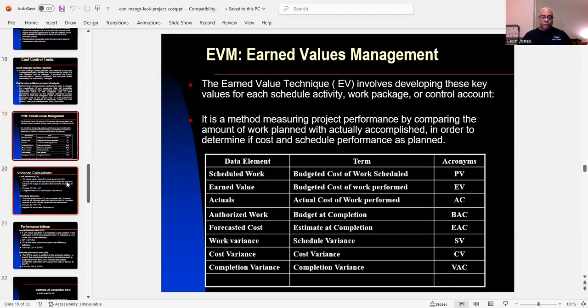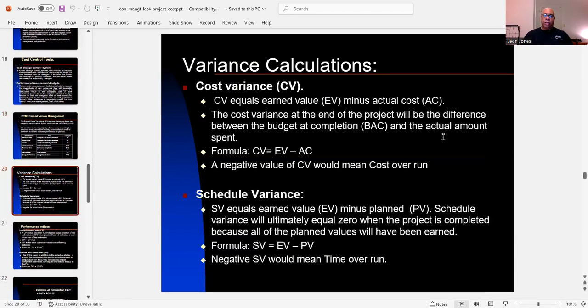Now, variance calculations. Under variance calculations, we have CV, which is cost variance. CV equals earned value minus the actual cost, AC. So the cost variance at the end of the project will be the difference between the budget at completion and the actual amount spent.